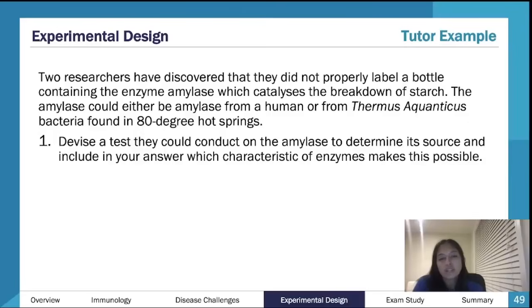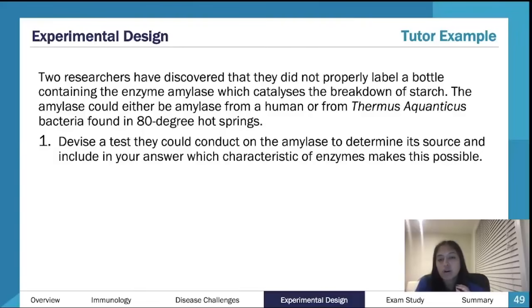So your independent variable is essentially the temperature. Your dependent variable will be the breakdown of starch. So that kind of indication of the level of glucose there. Your controlled variables, so you'd think about the amount of amylase that you're using, the amount of starch that you're using, that sort of thing.